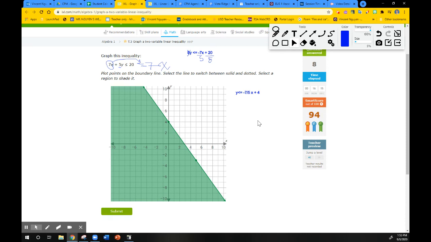If your inequality doesn't have an equal sign, then keep your line broken by clicking on it. If your inequality does have an equal sign, then don't click on the line because it needs to be solid. If your inequality says y is greater than, you're going to be shading above. If it says y is less than, you're going to be shading below. So those are pretty much the basics of how to graph inequalities.